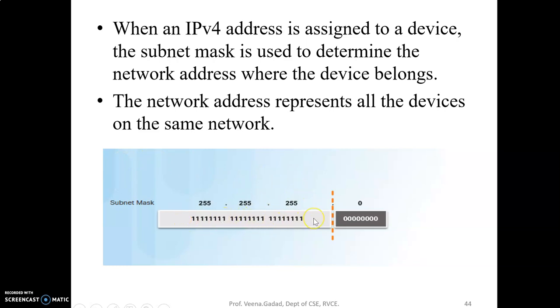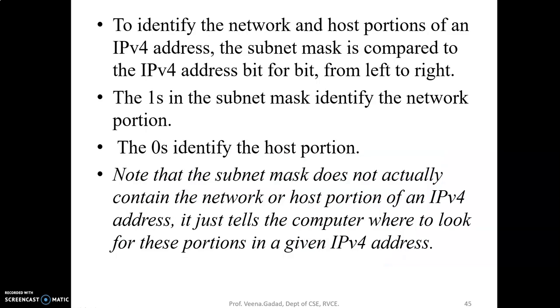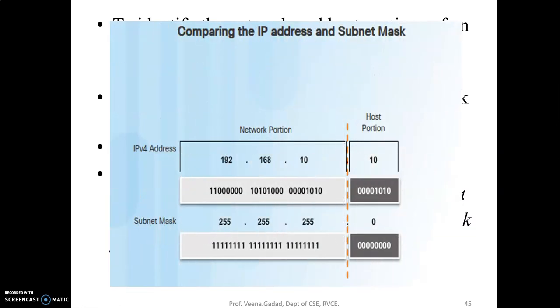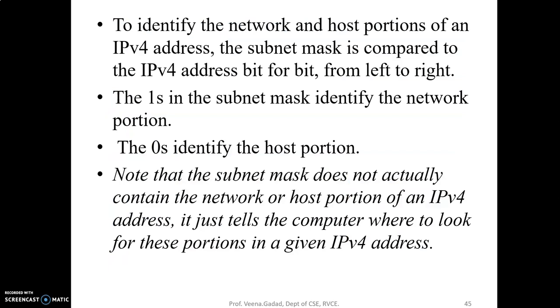Here we have 24 ones, so this subnet mask is written as slash 24. To identify the network and the host portion of the IP address, the subnet mask is compared to the IP address bit by bit from left to right. The ones in the subnet mask identify the network portion and zeros identify the host portion.